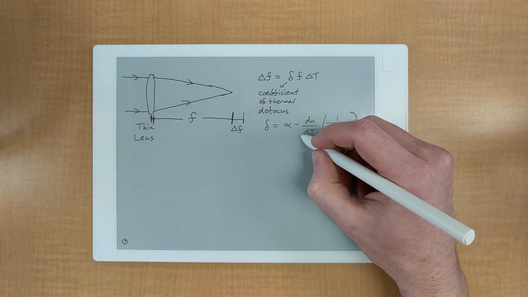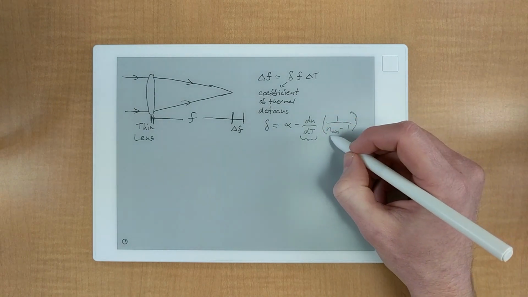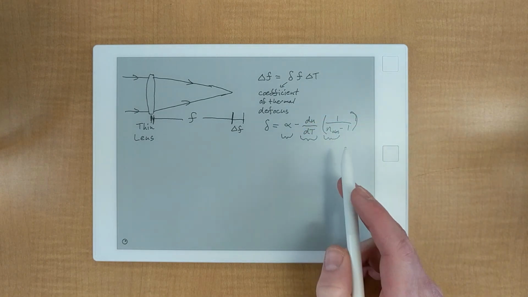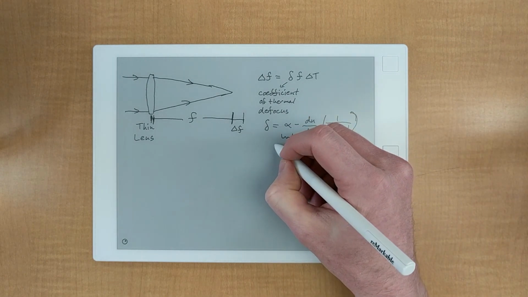So your dn/dT, your n, and your alpha are all material properties.